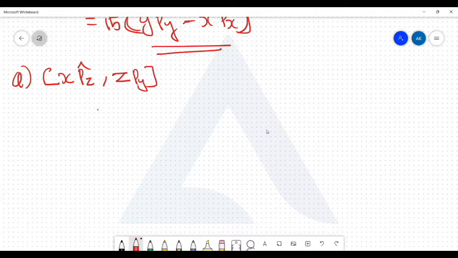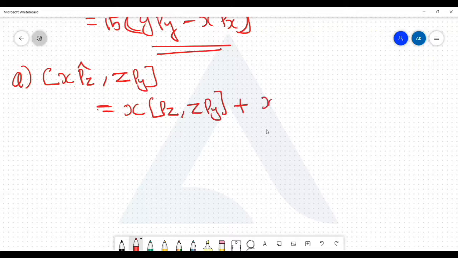Okay, let me pick it in a single step. Now you have x pz py plus x z py with pz. So taking the commutator will leave you something.